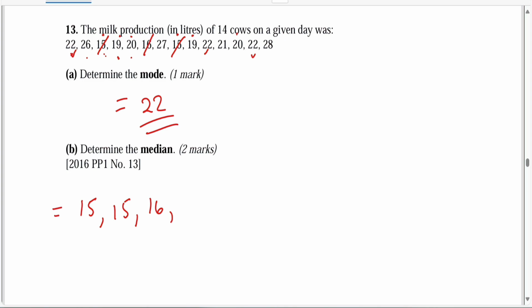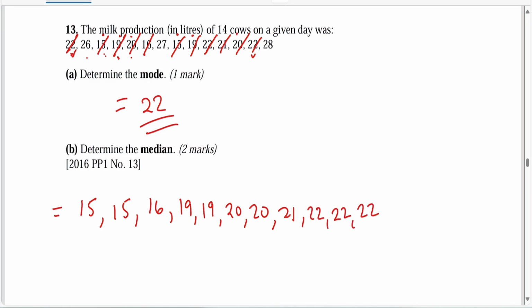No. Is there 18? No. Then 19 twice, followed by 20 twice, then 21 once, and 22 which appears three times. And then the last ones are 26, 27 and 28.